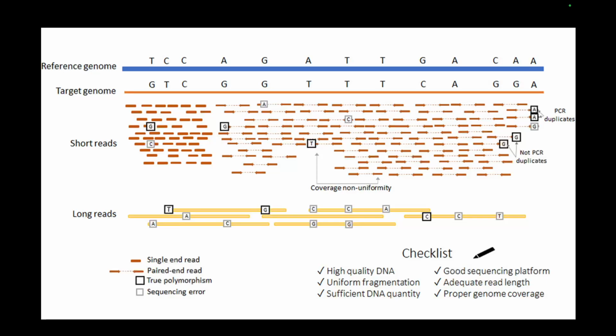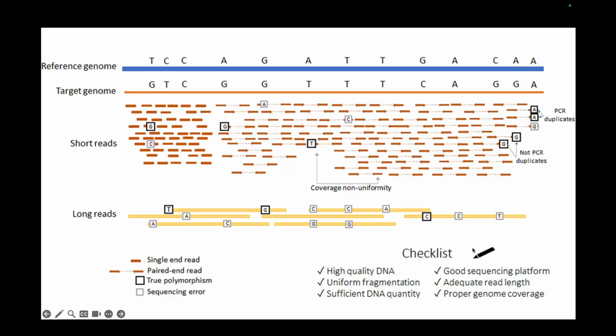But till then, we need to improvise. If you're looking for short variations, there is no actual need for using long reads, so we go with short reads. But when you are trying to detect those big variations, it's optimal to go with long read data.